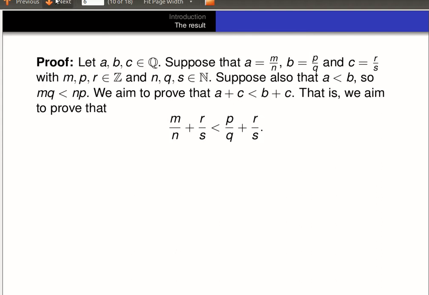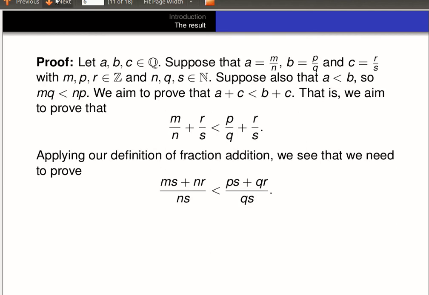And now let's recall our definition of addition so we can keep our target in mind here. If we apply our definition of fraction addition, then what we need to prove is that (ms plus nr) over ns, the sum of a and c, is less than (ps plus qr) over qs, which is the sum of b and c. All right?